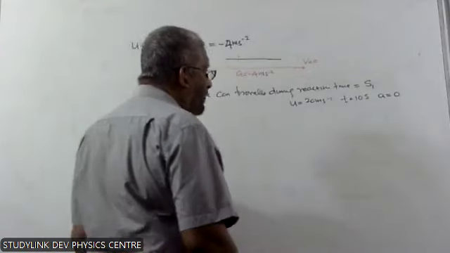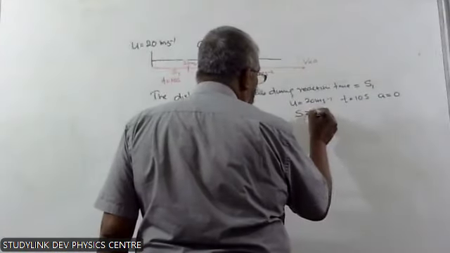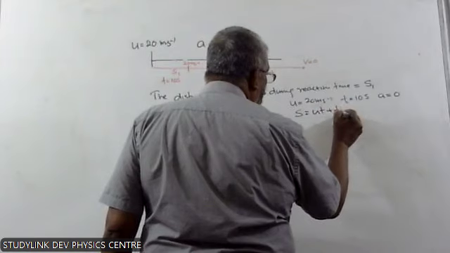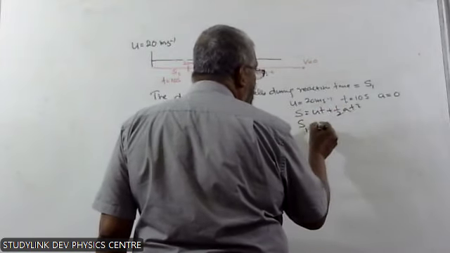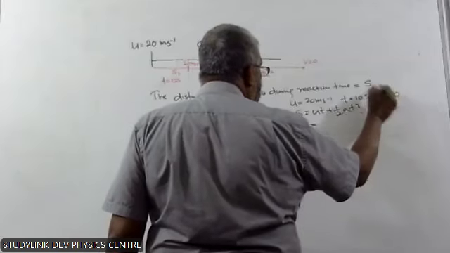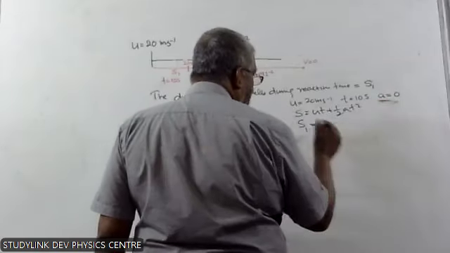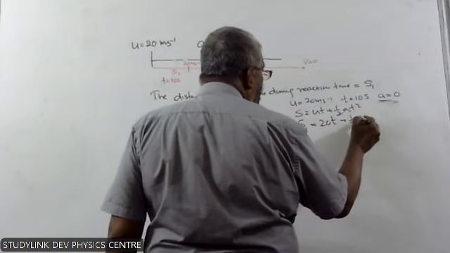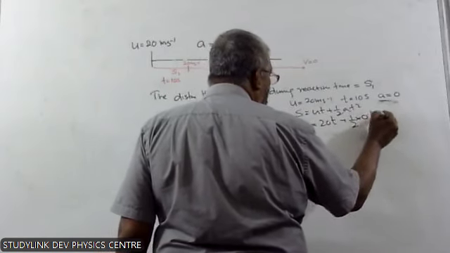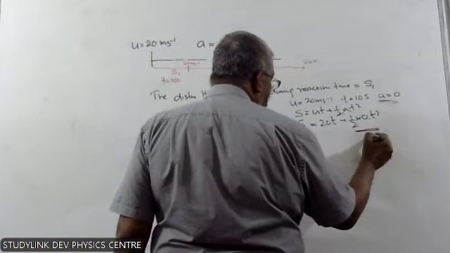So therefore, s is equal to ut plus half at squared. S1 is equal to, now the distance is considered as S1 there, u is 20t plus half into 0 into t squared. This part is 0.